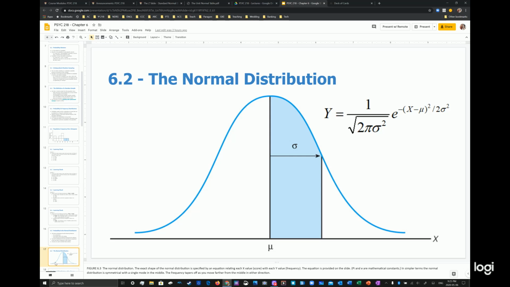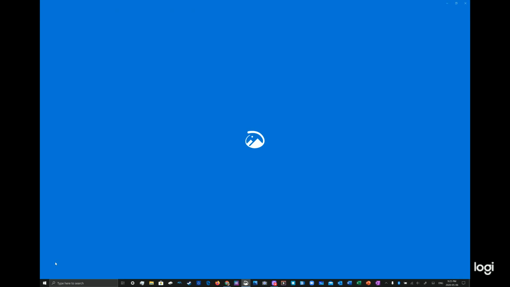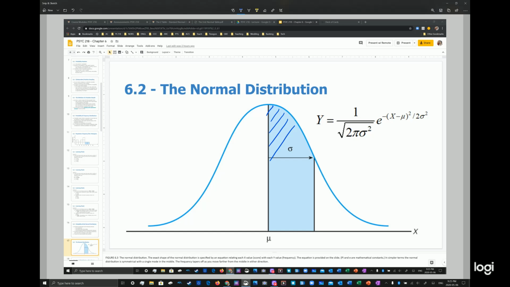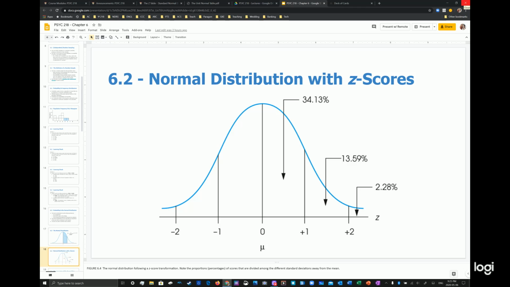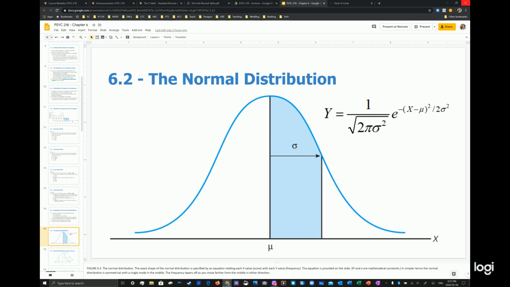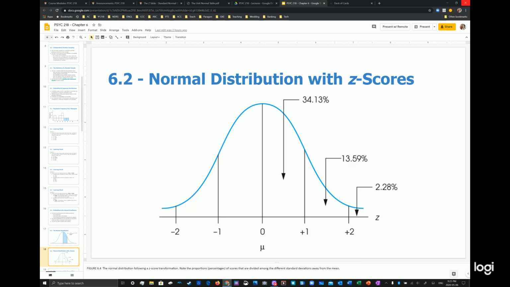We're going to use the unit normal table, which helps us figure out exactly how much of a distribution is in a particular area. So, for example, if you wanted to find out how much of the distribution is in this shaded area, be it 1 standard deviation away, you can, using z-scores and the unit normal table, which has a standard normal distribution. Notice in the previous slide, the shaded area is between the mean and 1 standard deviation above the mean.